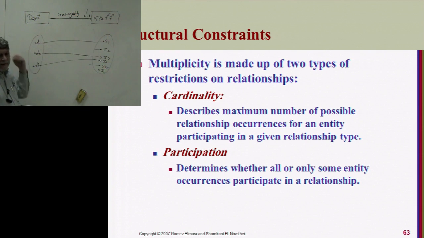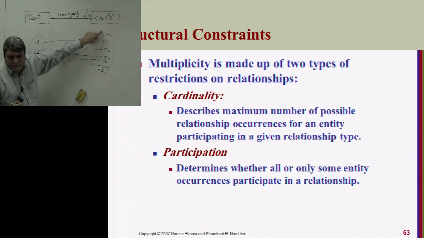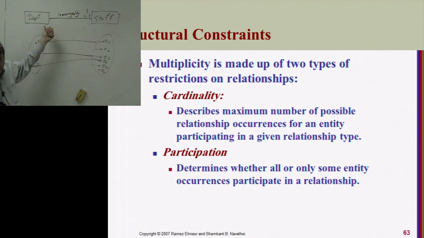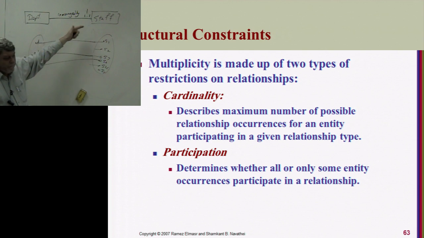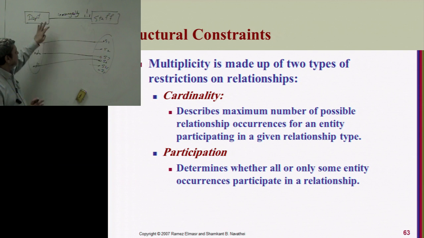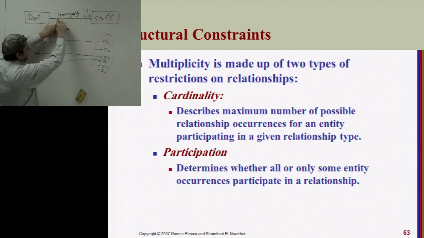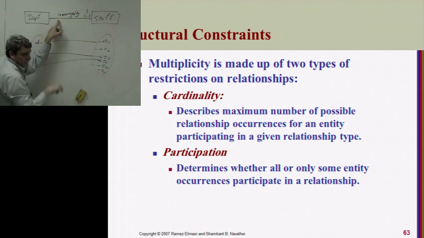Now go the other way around. Each staff, the one staff, is a manager for, or manages, how many departments? No arrows, it's written like this, but I'm making the trip for me to understand. So I'm asking each staff, this relationship is written this way because you read it this way.